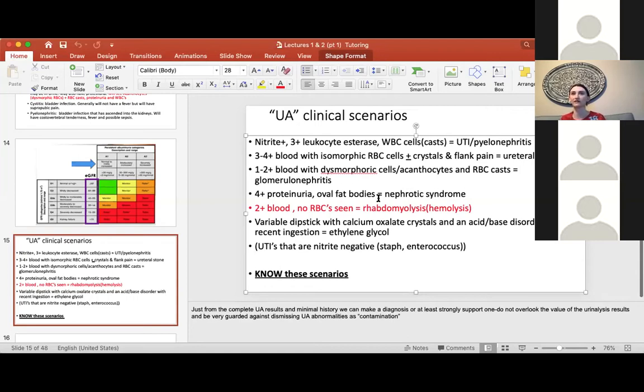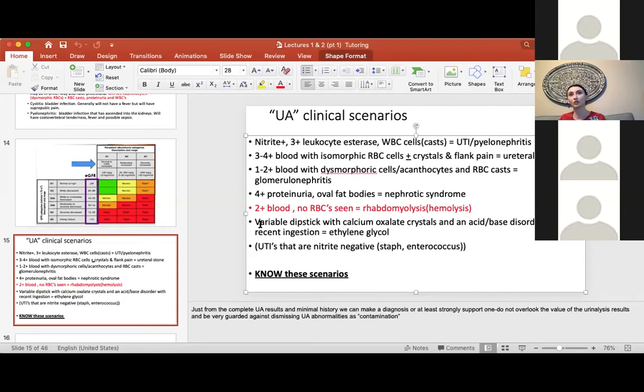Nephrotic, think of the oval fat body, and it has to do with the kidneys failing themselves. You're going to see a ton of protein because our glomeruli are not able to filter out the protein, so it gets through to the urine.